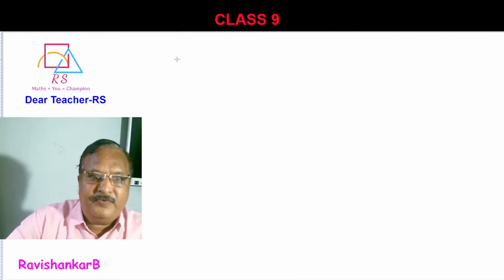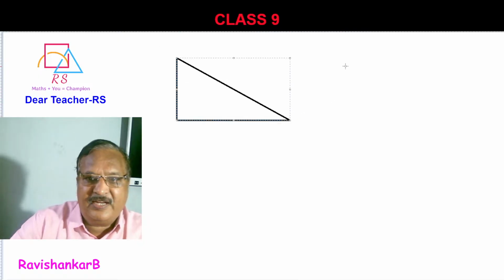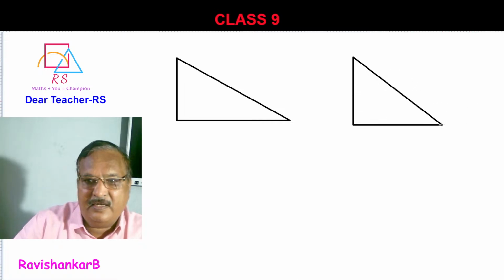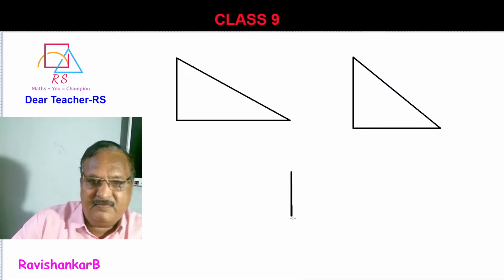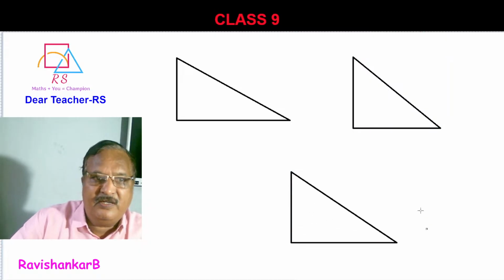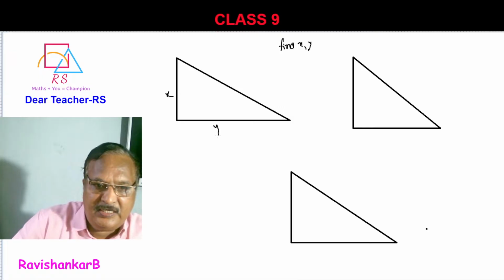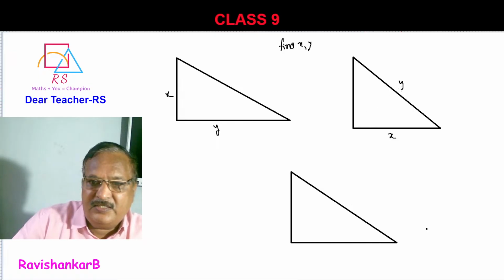I will give you this one triangle, one more triangle, and one more triangle. You take a screenshot. In all the triangles, find x and y. Here x I will put, and this is y, and x and y.